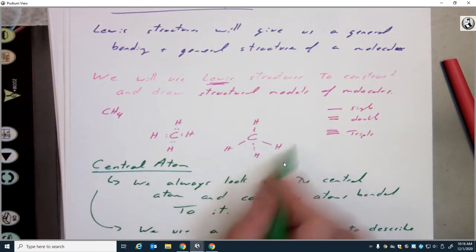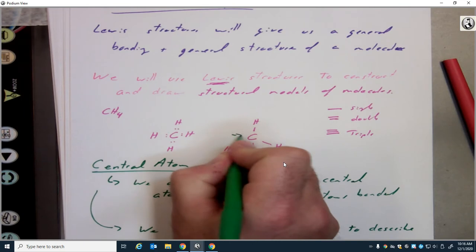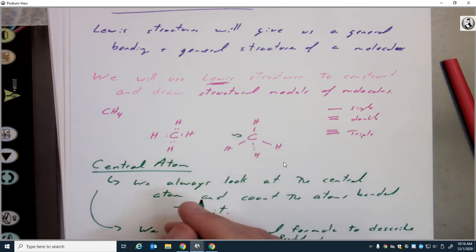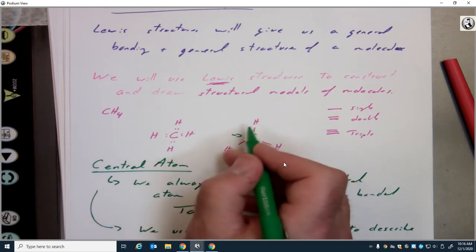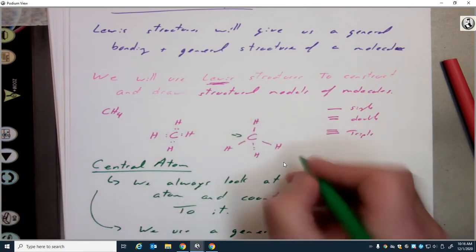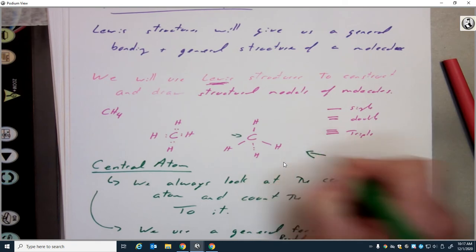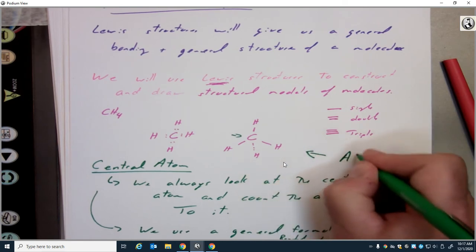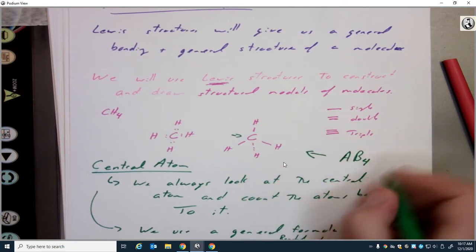So if we were to come back and look at our methane, carbon is our central atom, and it has 1, 2, 3, 4 hydrogens off of it. So this one would be an AB4 molecule.